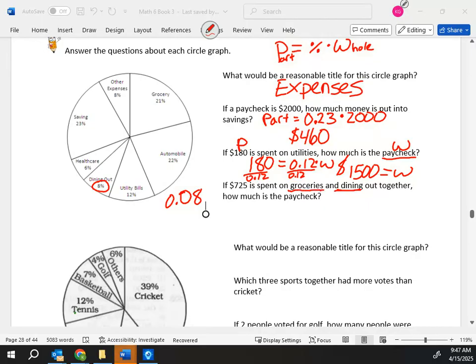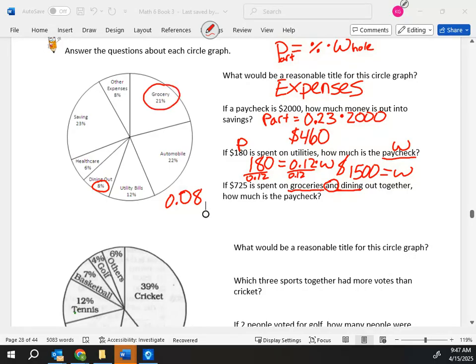Am I multiplying when I see that and word? And then we add the 725. No. What do I have to add to my dining out? The groceries. The grocery percentage.